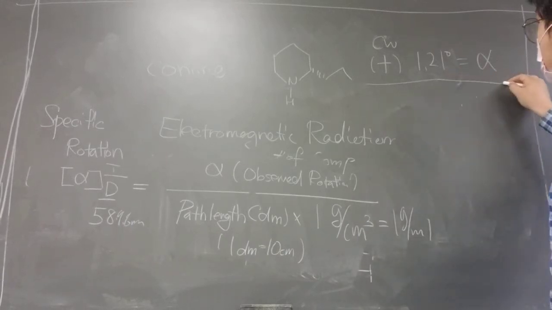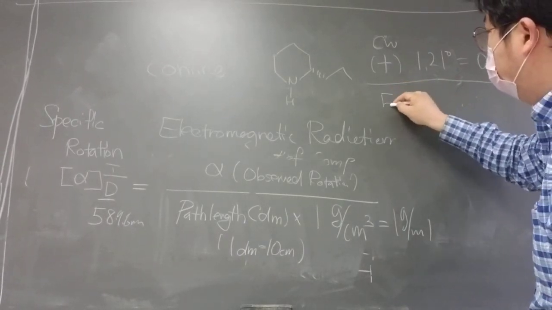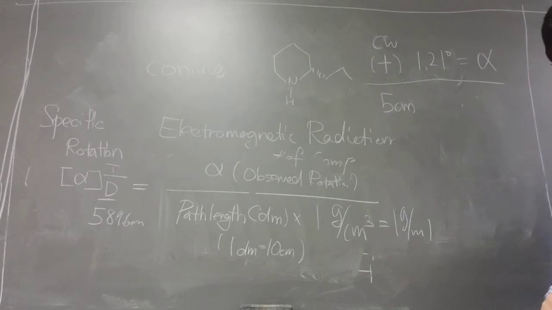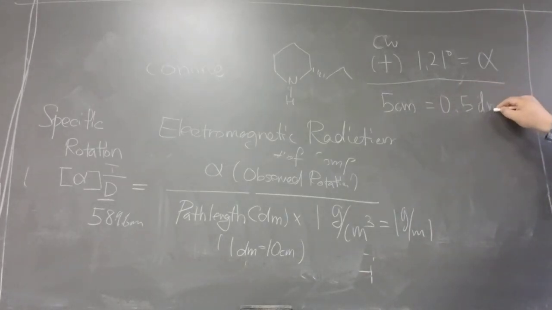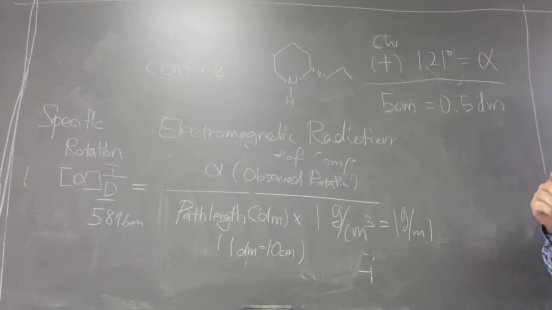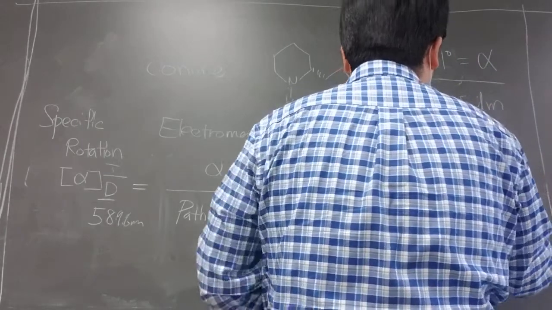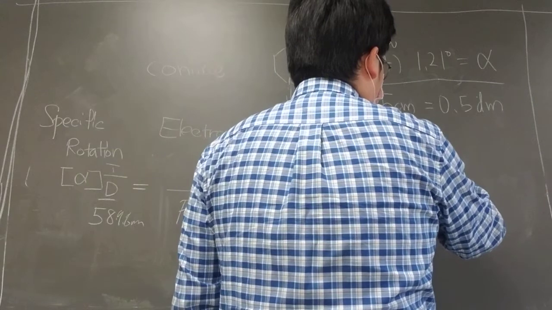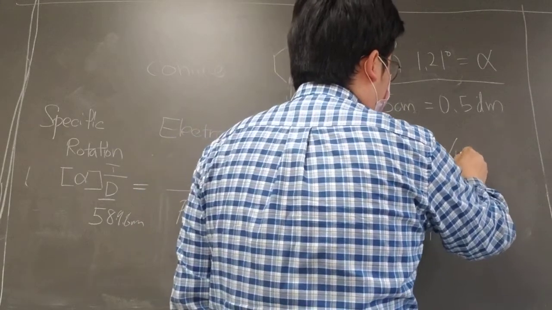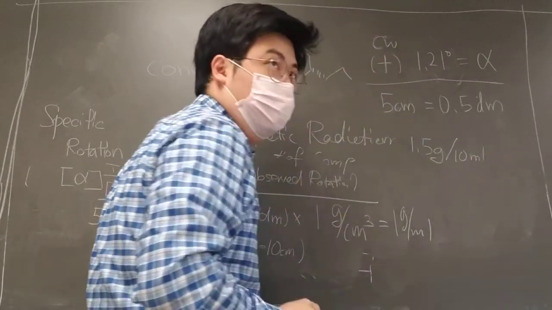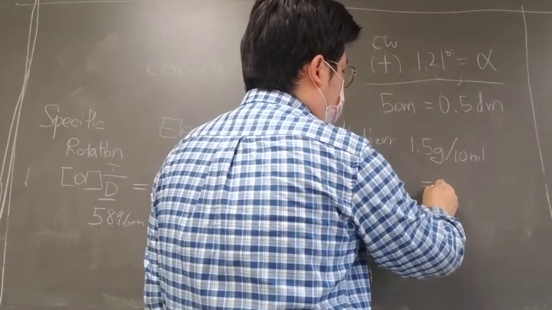So let's say we use a 5 centimeter path length, which is equal to 0.5 decimeter. And let's say the concentration was about 1.5 grams in 10 mL of ethanol. So that makes your concentration equal to what?